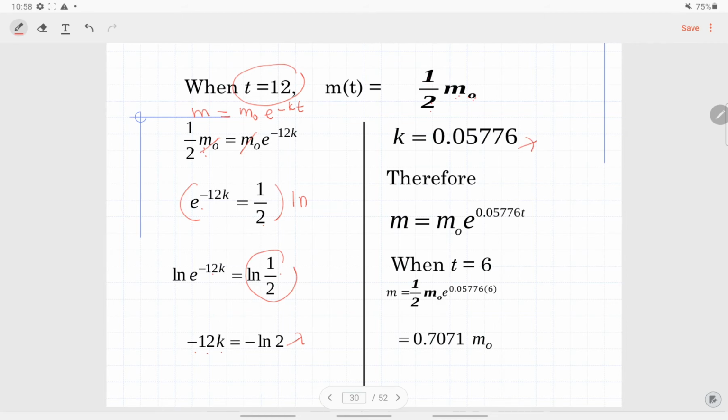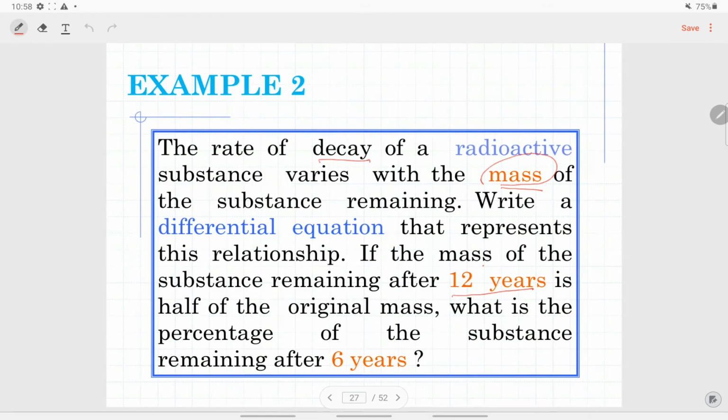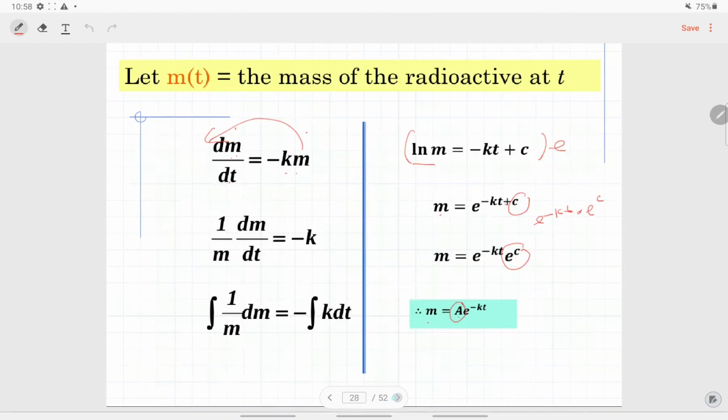Therefore, from this formula, we substitute 0.05776, and then when t equals 6, the question asks what is the percentage of the substance remaining after 6 years.